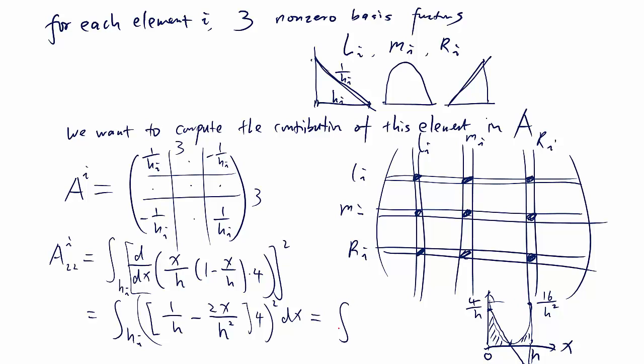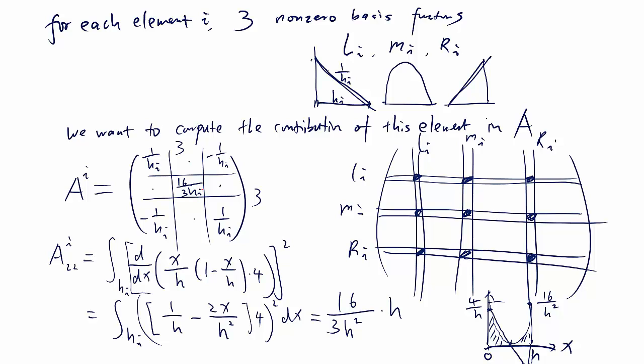So the area is going to be 16 over h squared times h over 3. So it's 16 over 3hi.